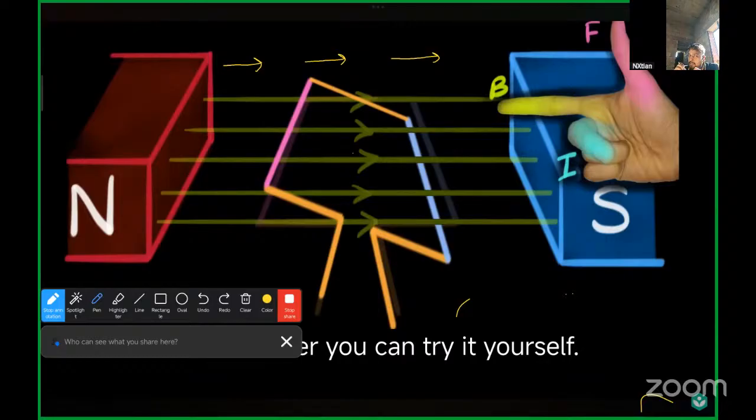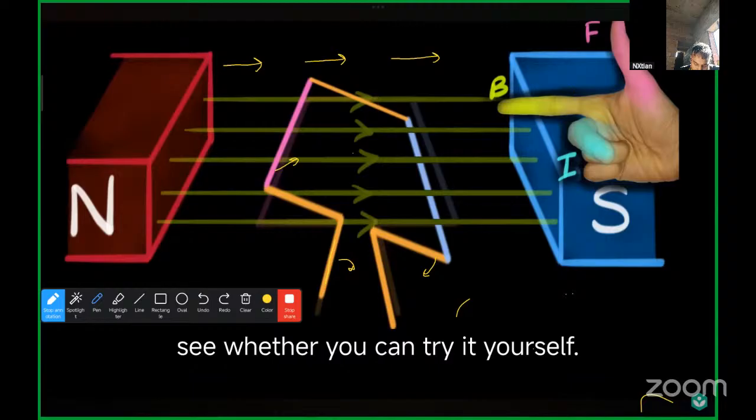We start the generator. The generator will move this shaft, this coil, and because of that, the coil will generate electricity because it's in the presence of the magnetic field. This is how we get the AC generator.